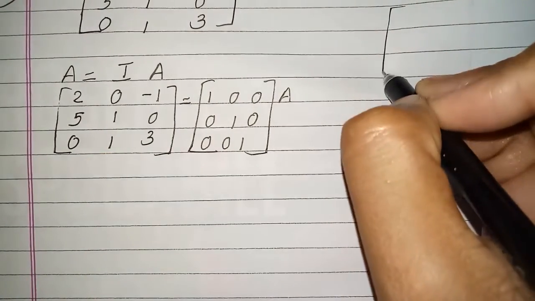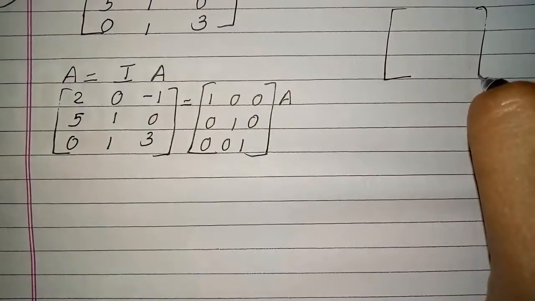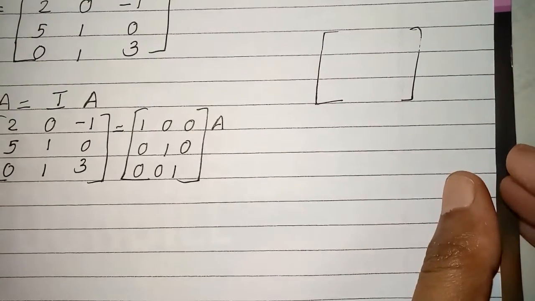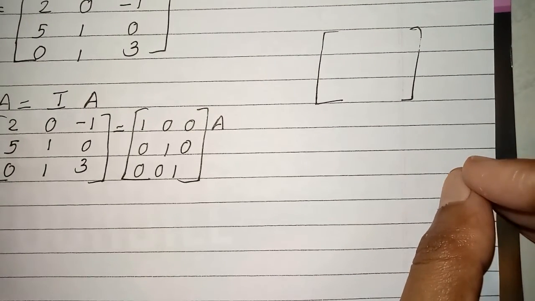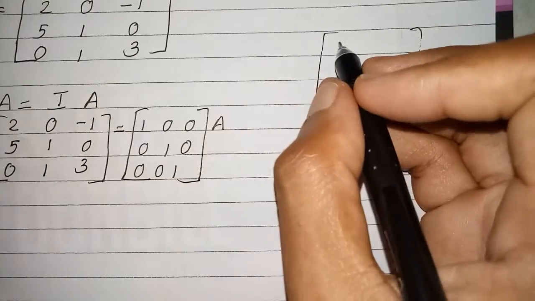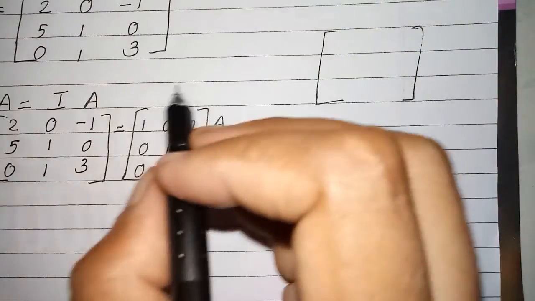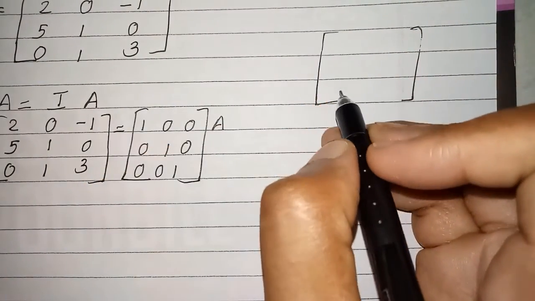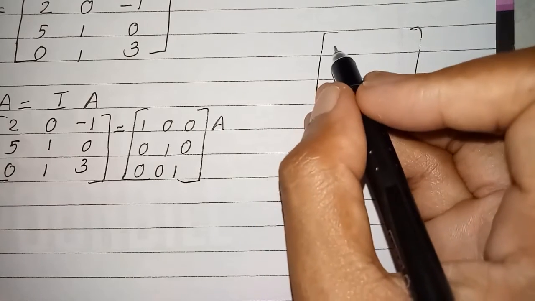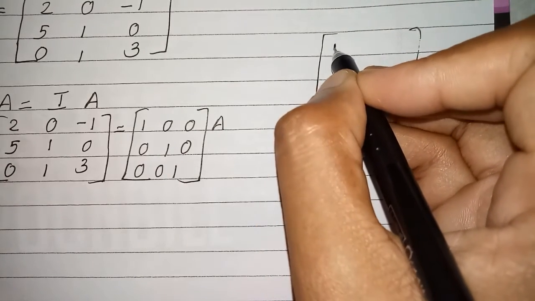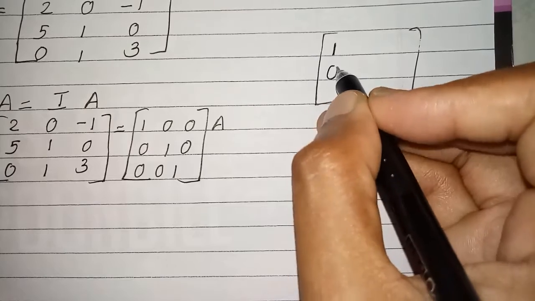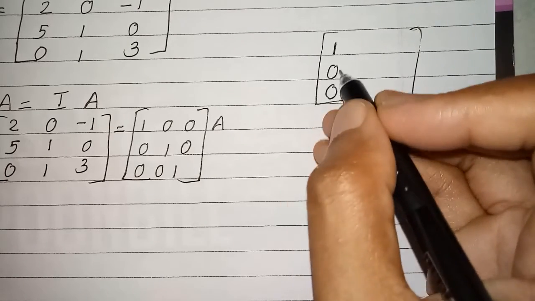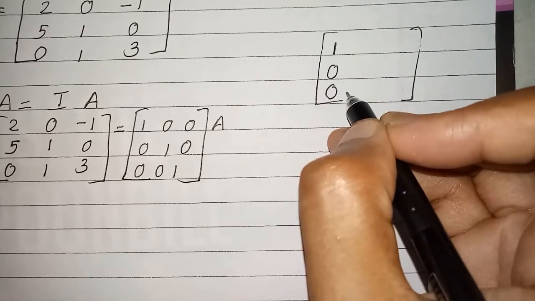Just listen carefully. Suppose this is a 3 cross 3 matrix. You can convert it into an identity matrix provided you follow this step. If you are doing row operations, you have to concentrate on your columns. First you are going to bring number 1 here, then 0, then 0. Order of 0 is not important. Either you bring 0 first here or 0 first here.